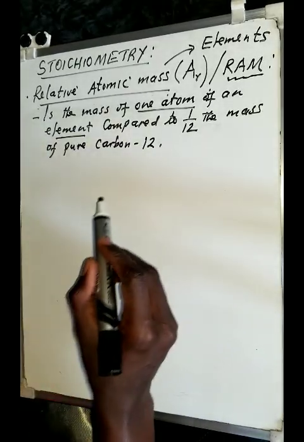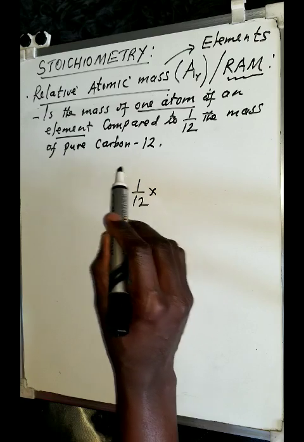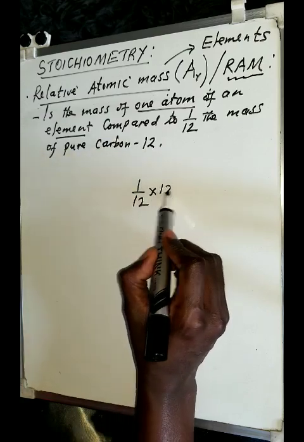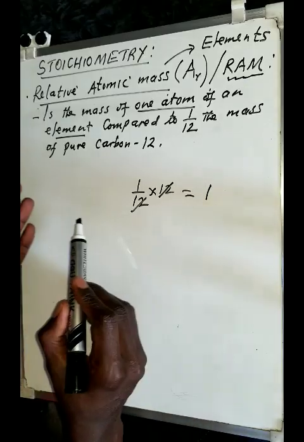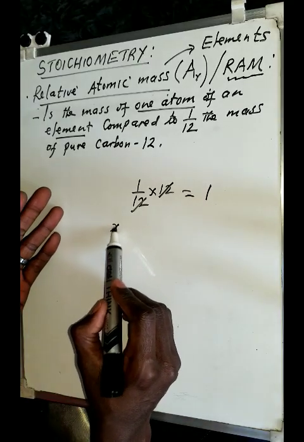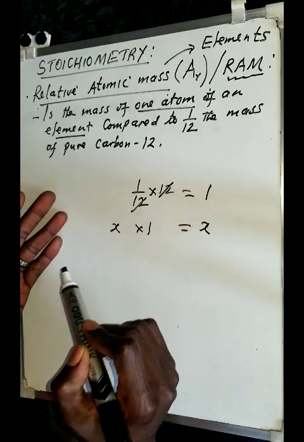Now, basically speaking, if you compare 1 with 1/12 multiplied by the mass of carbon-12, which is 12, it will still give you a 1. So it's like you're comparing something to 1. That's what we mean. It will give you that something that you're talking about.